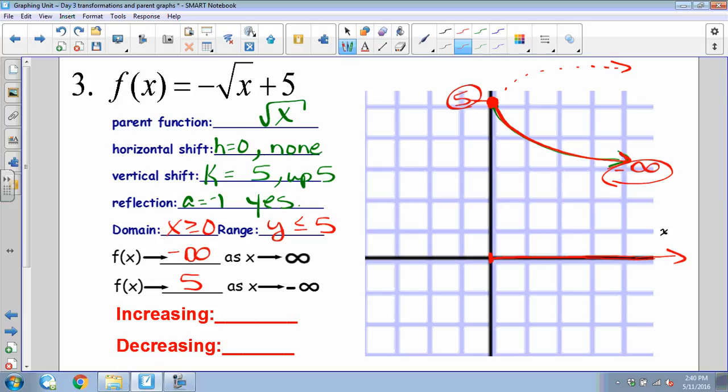Increasing and decreasing, that's my x values. This function is never increasing. As I go from left to right, it starts here and continues to go down.